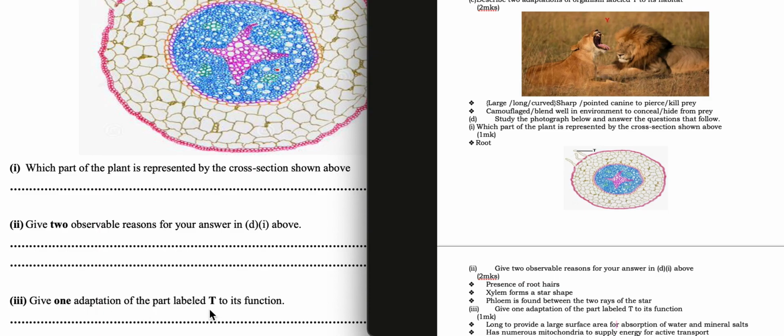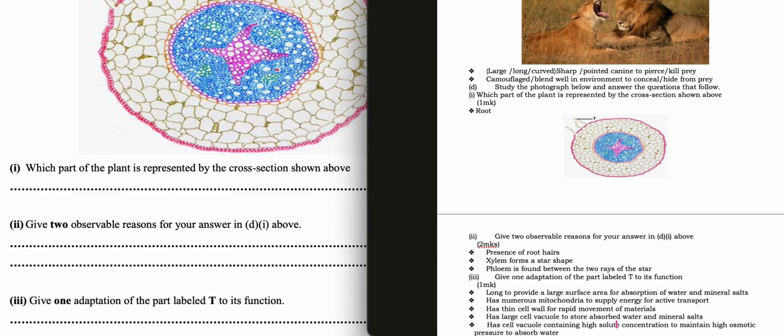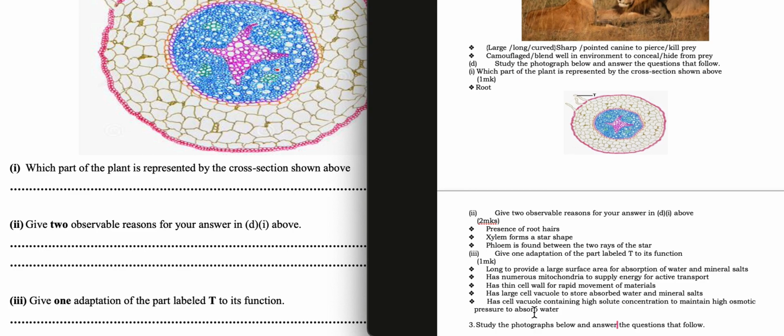Give one adaptation of the part labeled T. Long to provide a large surface area for absorption of water and mineral salts, has numerous mitochondria to supply energy for active transportation, has thin cell wall for rapid movement of materials, has large cell vacuole to store absorbed water and mineral salts, has cell sap containing high solute concentration to maintain high osmotic pressure to absorb water.